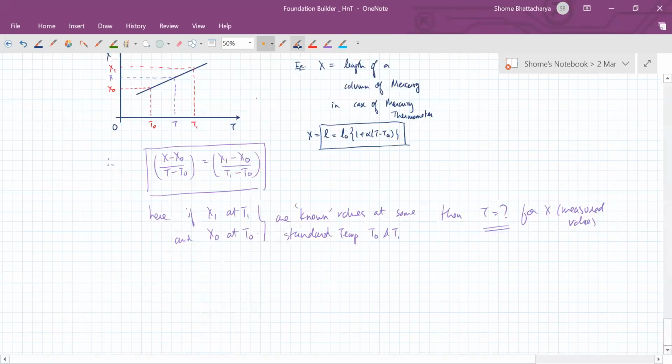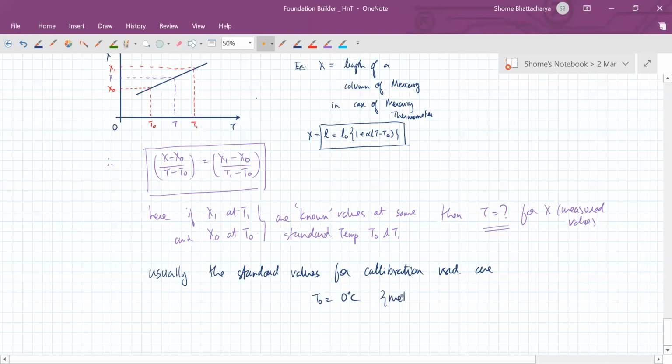Okay. Now, usually the standard values for calibration used are melting point of ice and boiling point of water.